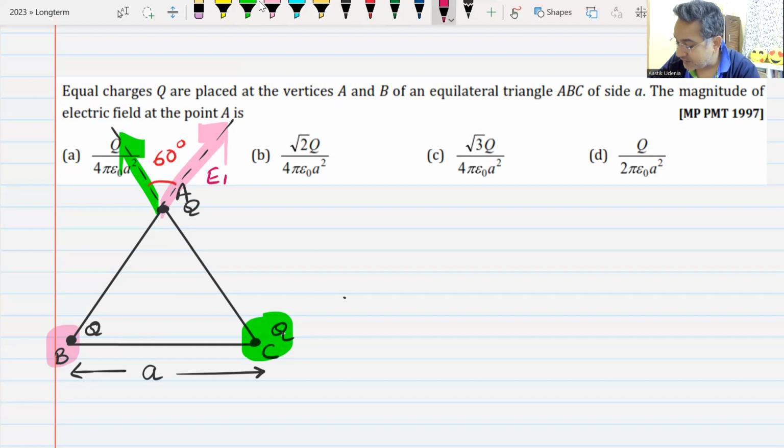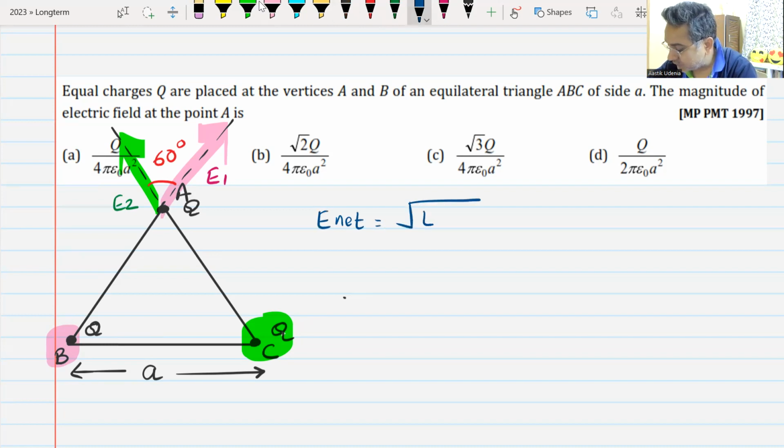If I call this field as E1 and if I call this field as E2, both E1 and E2 are same, yes or no? Yes, sir. I can write the value of E net as under root of E1 square plus E2 square plus 2 times E1 E2 cos phi.